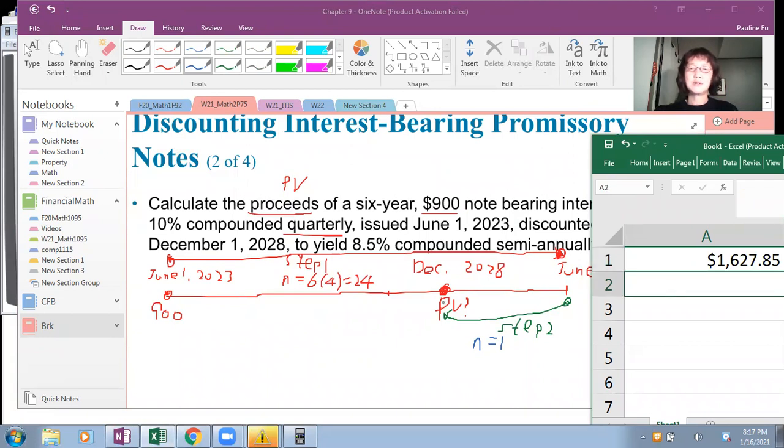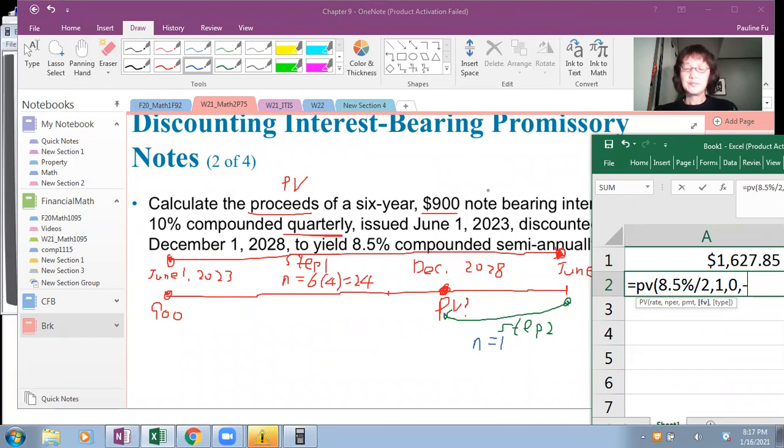Now step 2, I will calculate this present value here, equal PV, present value. Rate is 8.5% compounded semi-annually, meaning divided by 2. NPER is 1, PMT 0, future value, I will use this one. Maybe I'll put negative, I want to get a positive result.